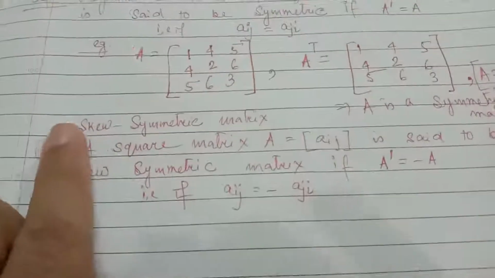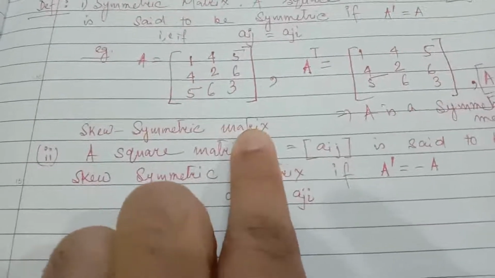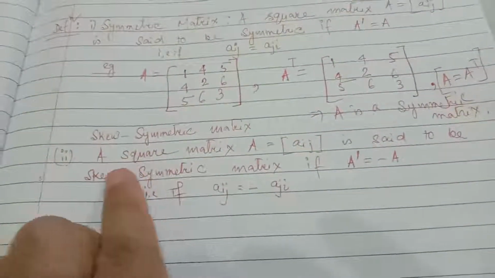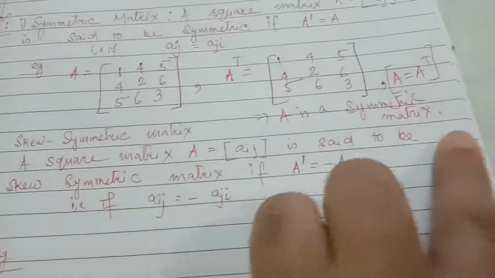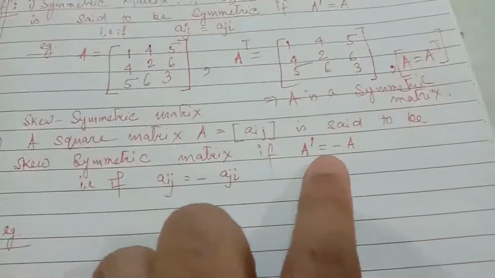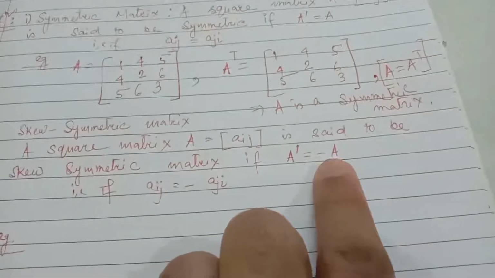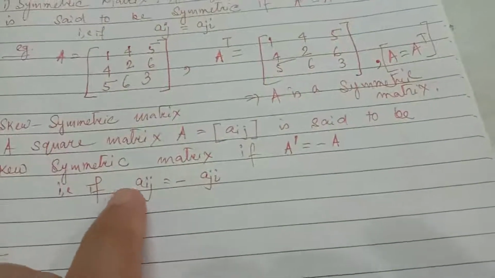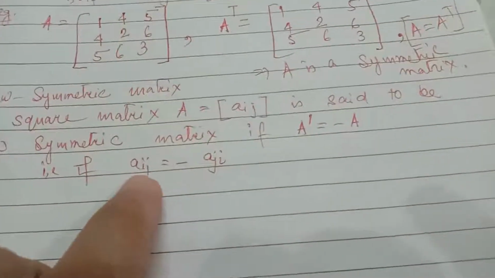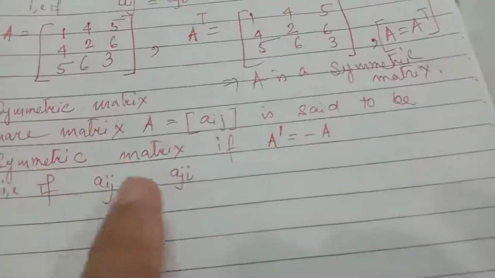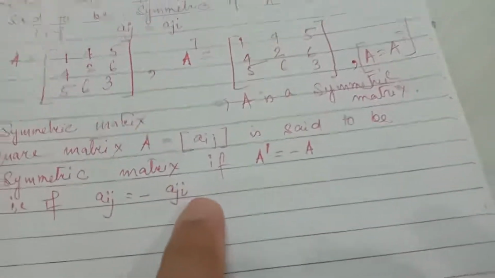Next, skew symmetric matrix. The definition of a skew symmetric matrix is this: a square matrix A is said to be a skew symmetric matrix if A dash is equal to minus of A. That is, the element in the ijth position, in the ith row and jth column, is equal to minus of the element in the jth row and ith column.